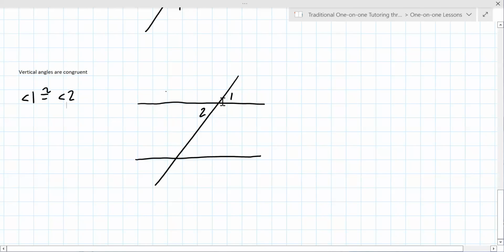They share this vertex, but they go in opposite directions. That's why they're congruent. 3 and 4 are also vertical angles, and they are congruent. You can similarly do the same thing down here on the bottom one. 5 and 6, those are congruent. 7 and 8, those are congruent as well.